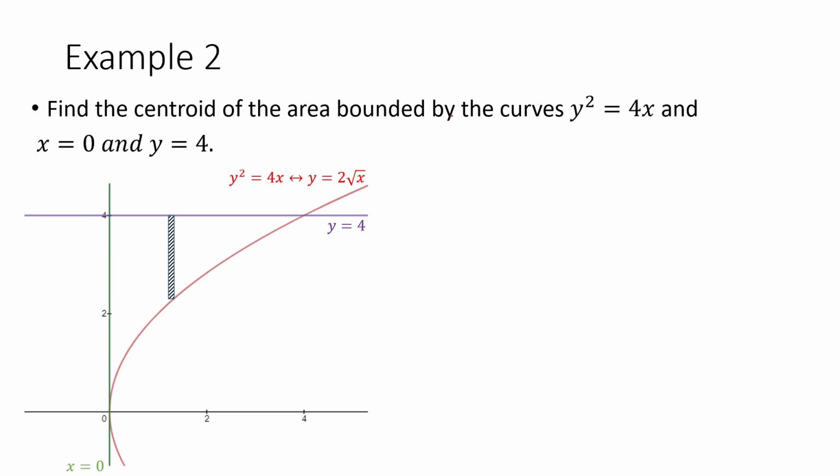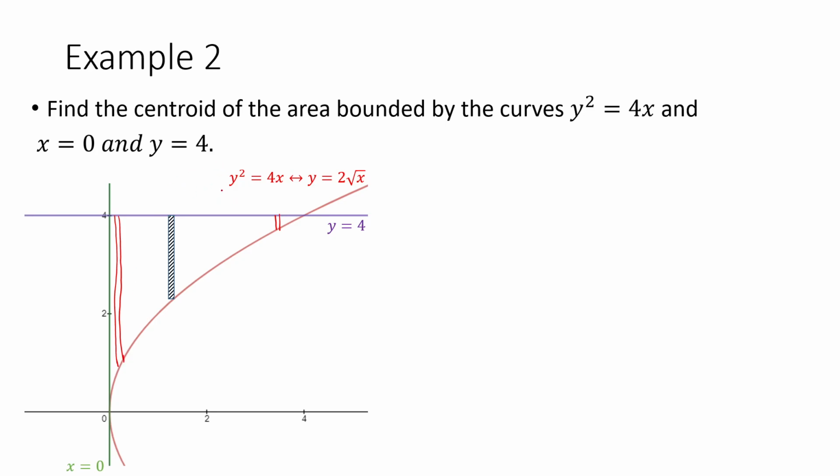We're going to find the centroid of the area bounded by the curve y squared equals 4x, and then x equals 0 and y equals 4. In this example, we're going to solve this using a vertical strip first, and then the next one is the horizontal strip. If we test this for vertical strip, as you can see, the top and bottom portions are always touching the same graphs.